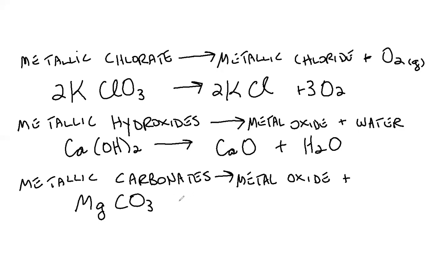And so this breaks down when we heat it up, decompose it. The metal oxide will be magnesium oxide, magnesium 2 plus, oxide 2 minus, so our formula is MgO. And then when we take the MgO out, what is left? A C and 2 O's. So carbon dioxide is our other product.